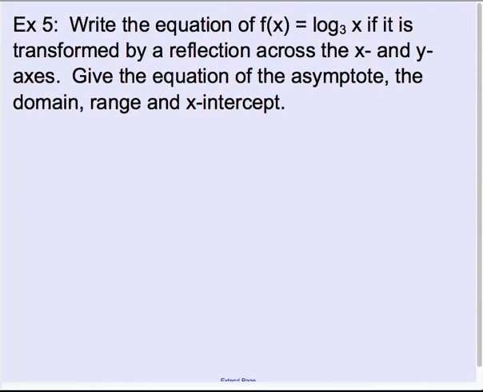Last example, we're looking at transforming a log function. So again, thinking about the graph of the original log function, it looks something like this. Reflecting across the x and the y.